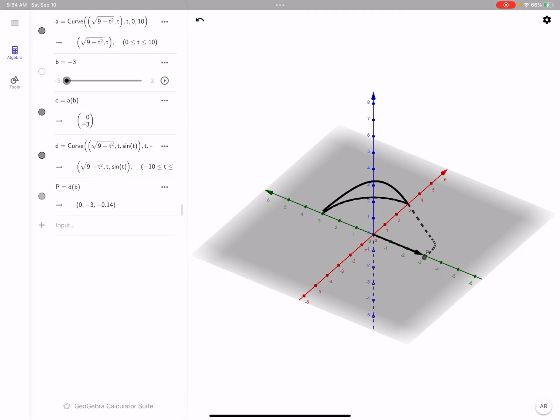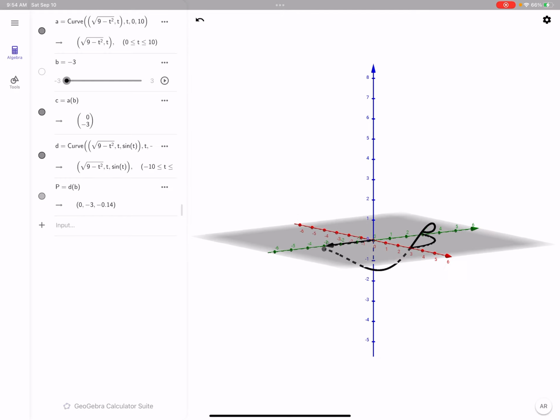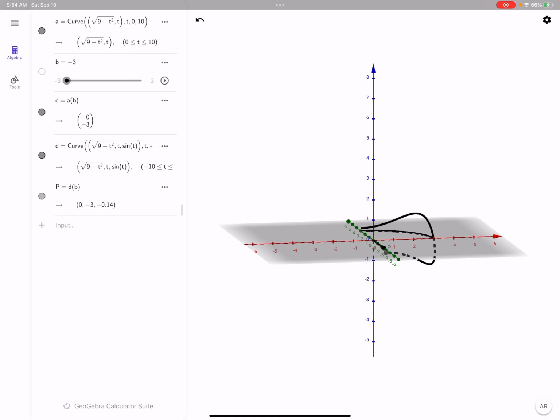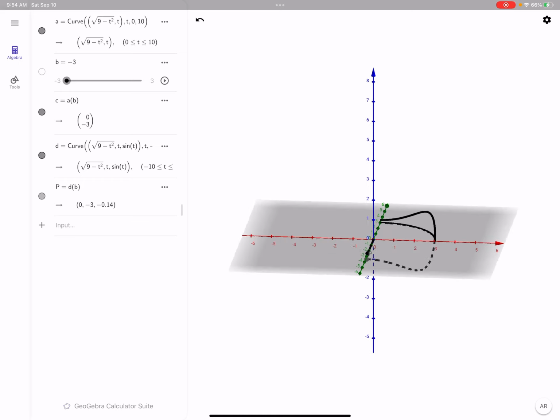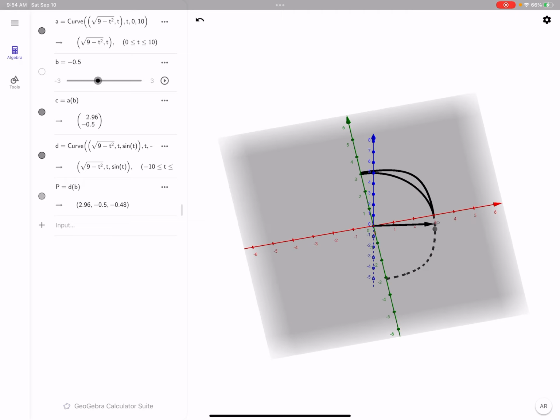So when we start at -3, the curve itself is actually below the XY plane. Remember, the Z only adds an up or down direction from the XY plane. It's going to give us some depth. So when we trace this point along, the point is moving from below the XY plane to above, but the X and Y are moving according to this semicircle.